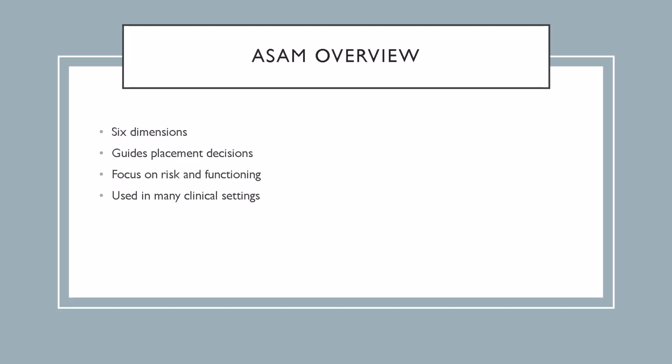And together, these dimensions are providing a comprehensive picture of the client's situation. So the goal is not to diagnose the problem, but to determine the appropriate level of care. Because ASAM focuses heavily on risk and functioning. So it asks questions like, how stable is this client? What risks are present? What level of support is needed? And this is especially important in cases where safety is a concern.